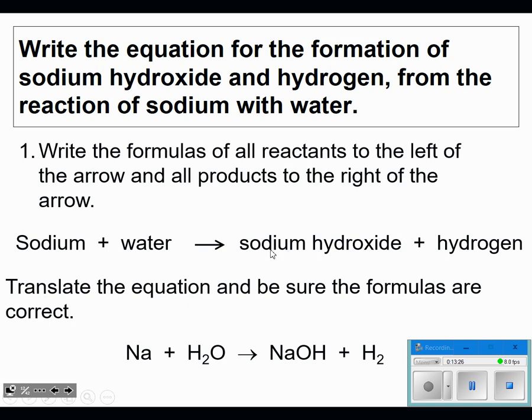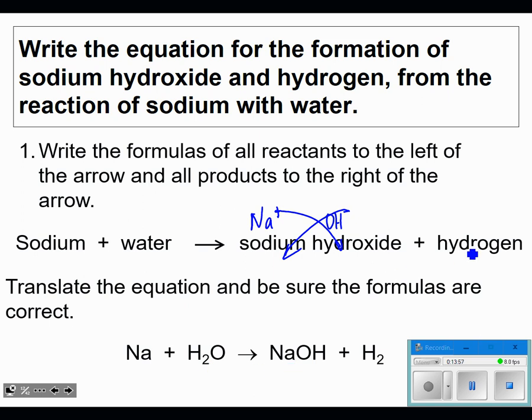For sodium hydroxide, sodium is Na with a positive 1 charge, and hydroxide is OH with a negative 1 charge, which is on the back of your periodic table. We crisscross the charges down, which means there's just 1 and 1 as the subscripts. Remember, subscripts are down here. Water is H2O, so that's why it has a subscript of 2.